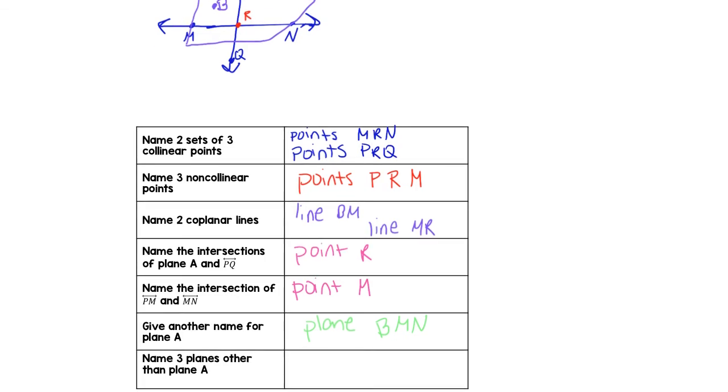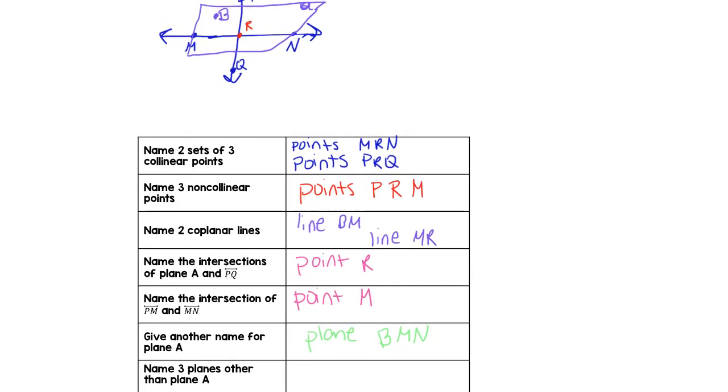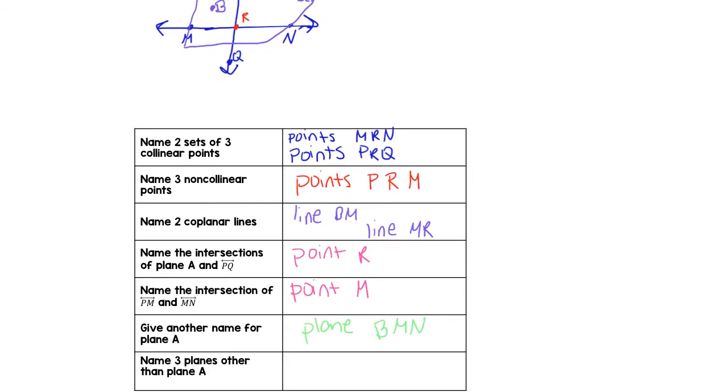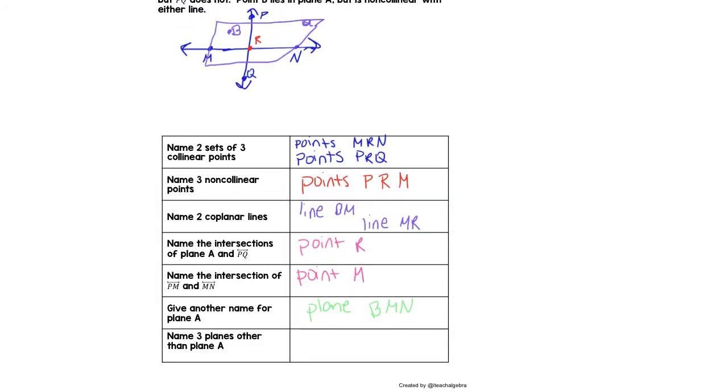And last but not least, name three planes other than plane A. Well, we need three points that lie on the same plane to make a plane. So not plane A. So we can name plane, let's call it MRP, where those three points lie on the same plane.